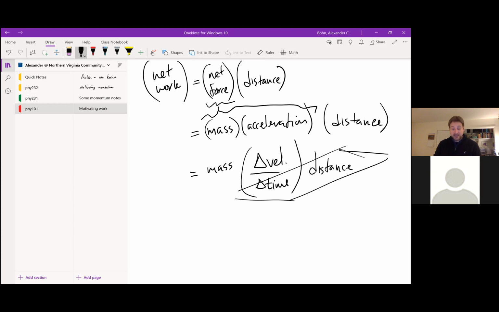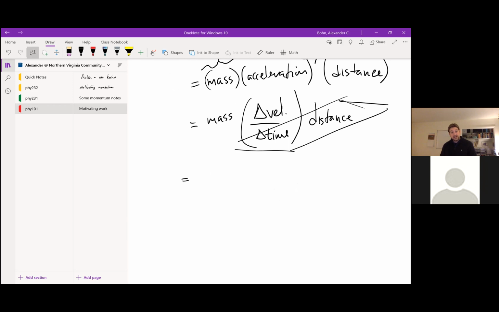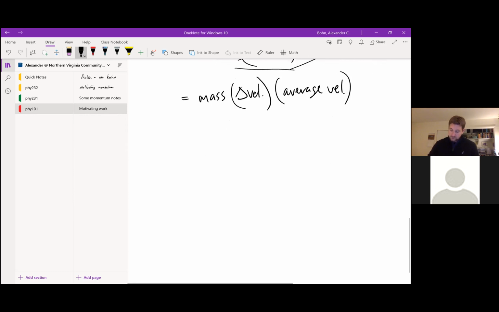But the distance divided by the elapsed time, that's exactly how we defined average velocity. Change in velocity, average velocity.